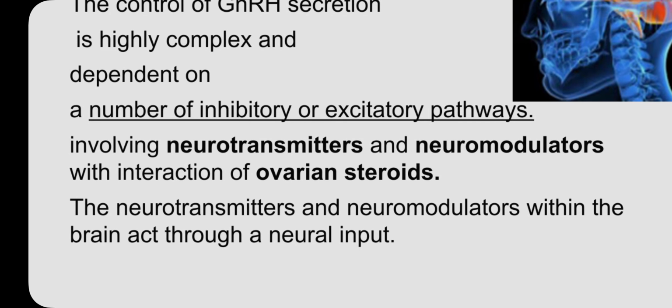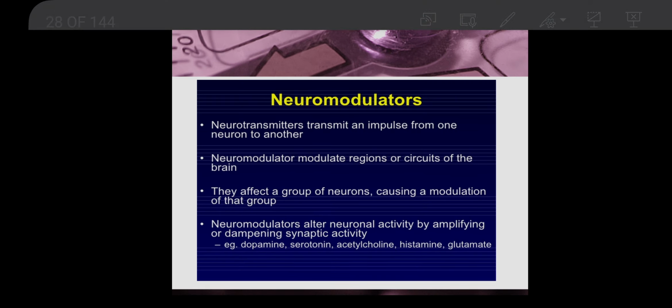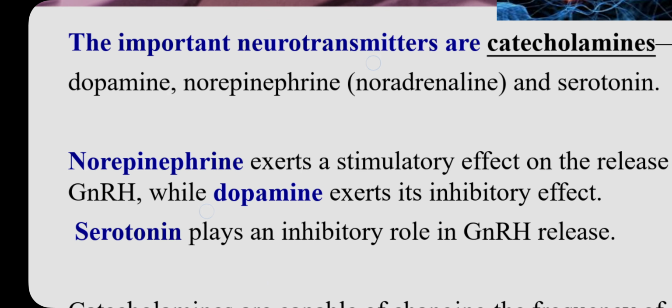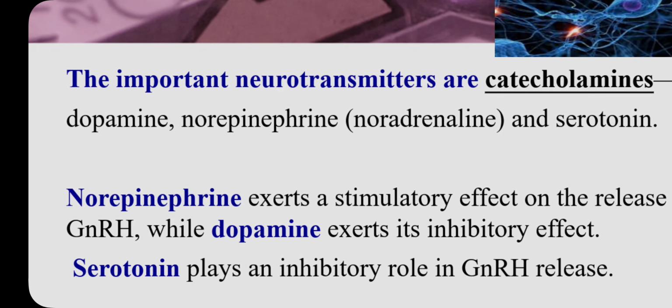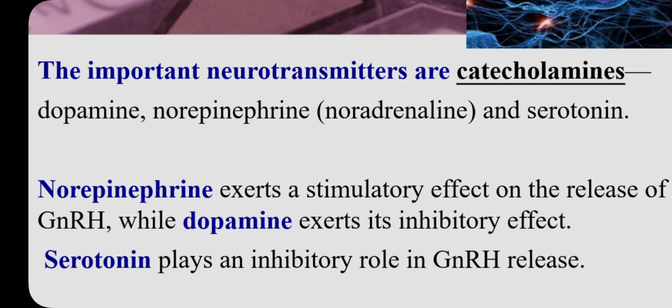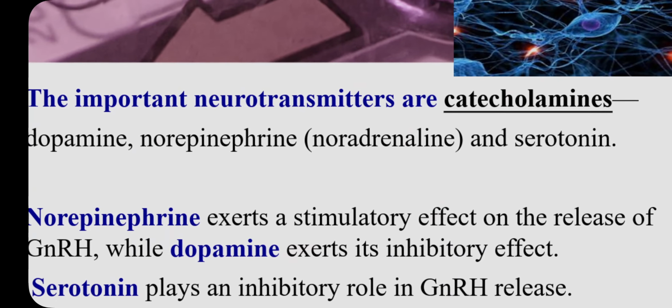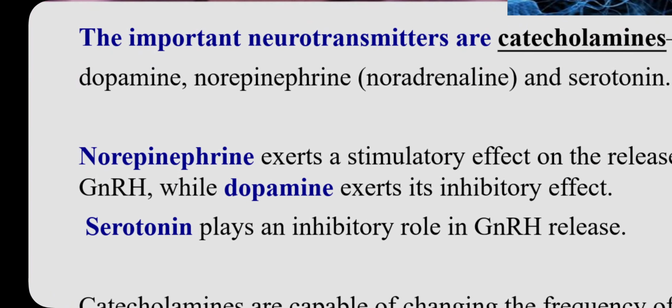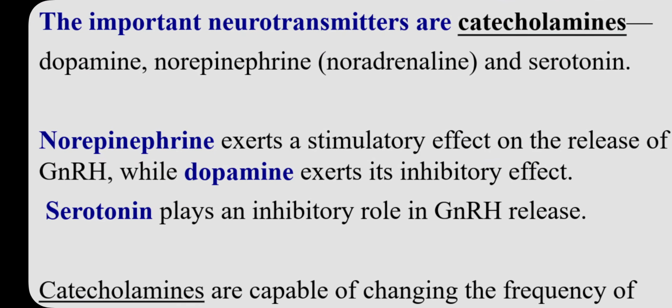Okay, so here it acts as a neural input. The important neurotransmitters are the catecholamines. There are 3: dopamine, norepinephrine or noradrenaline, and serotonin. These are the 3 main neurotransmitters. Norepinephrine exerts a stimulatory effect on the release of GnRH, while dopamine exerts an inhibitory effect. Serotonin plays an inhibitory role in GnRH.